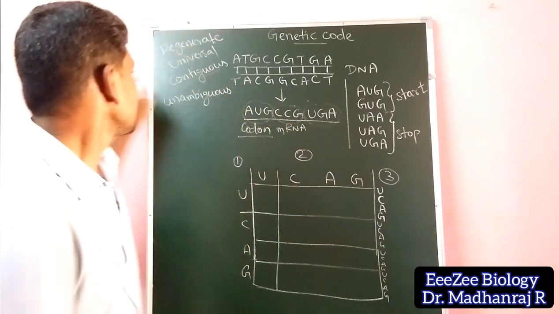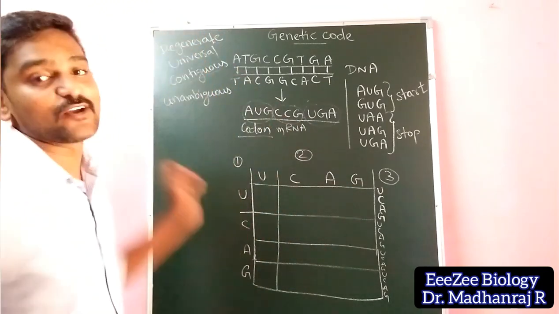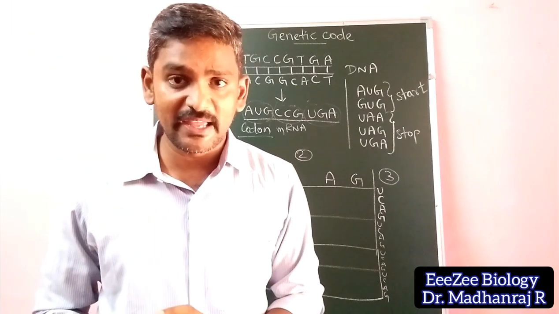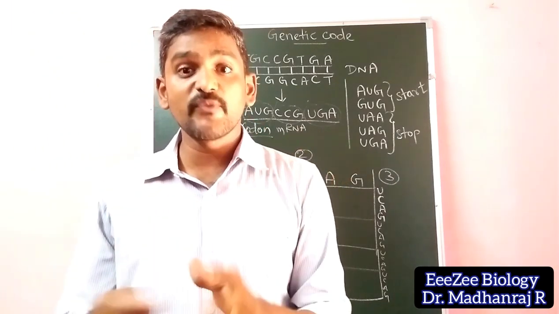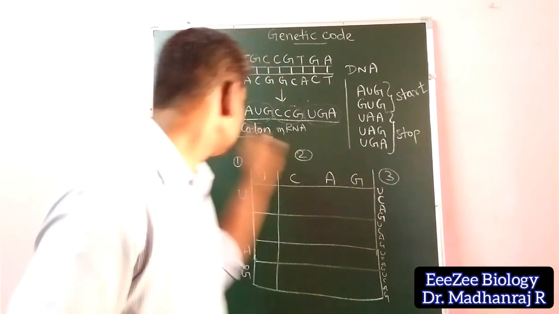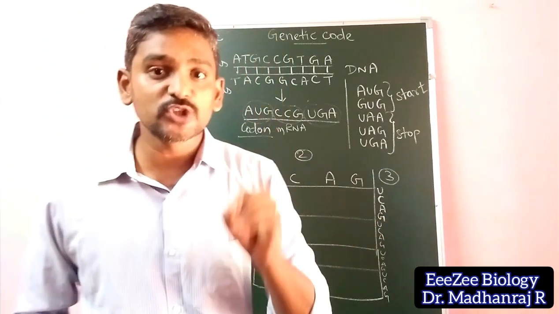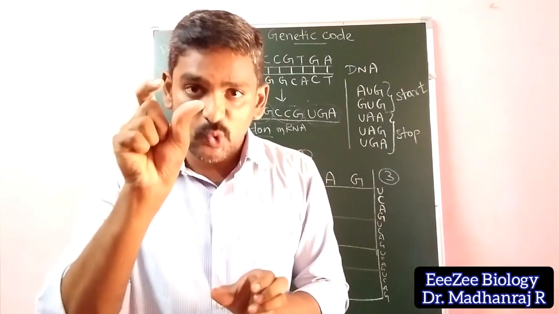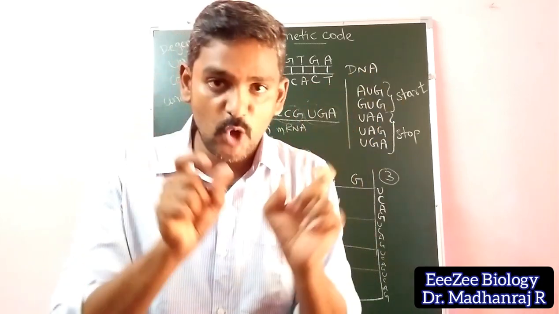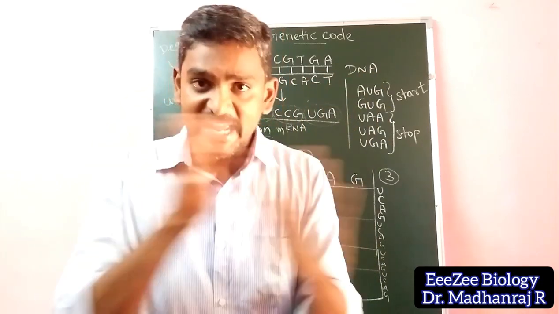The next thing is degenerate. But before going to degeneracy, you should know about unambiguous. Unambiguous means specific. Each codon is specific for each amino acid, and it will not code for any other amino acid.